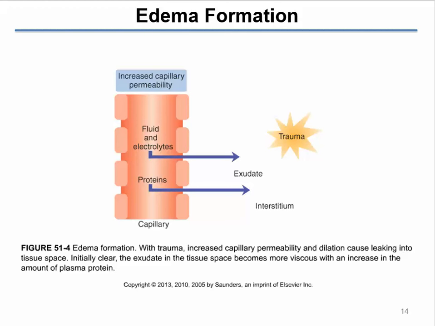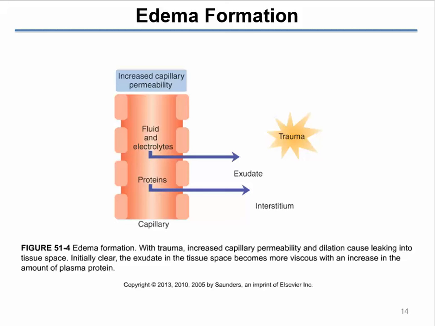If the same thing happens, but the fluids end up in a body cavity, like the peritoneum or the pleural cavity or the pericardial cavity, we call this effusion. So we get pleural effusion, the same process, but into the cavity, and the cavity fills up. So the fundamental difference between edema and effusion is where the fluid goes to.